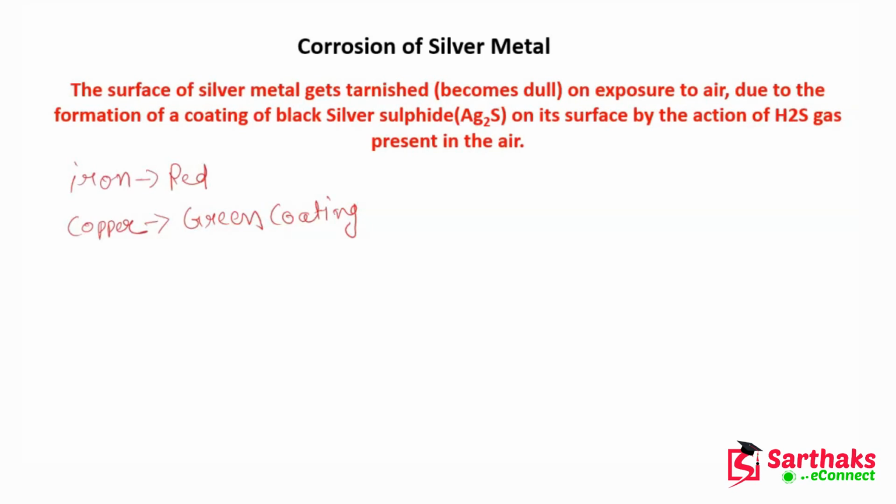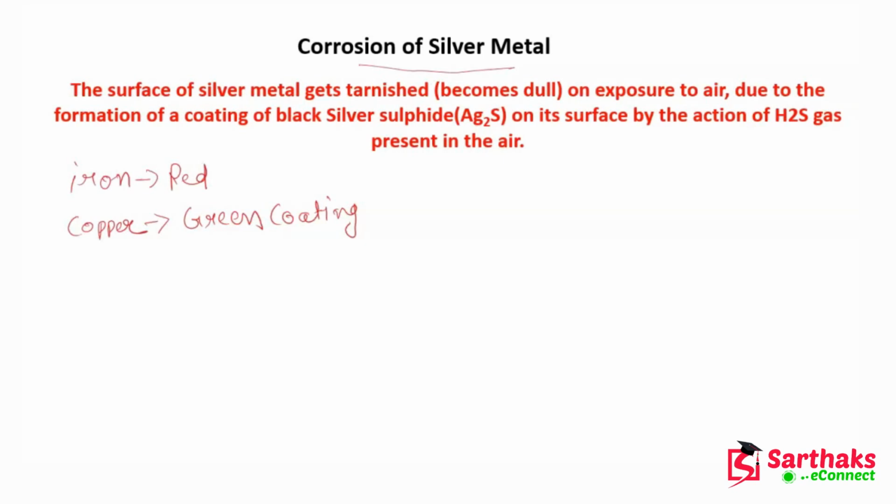So now let's talk about the corrosion of silver metal. So guys, what happens? The surface of silver metal gets tarnished, and we call it tarnishing of silver metal because the surface of silver metal becomes black due to this corrosion of silver metal.